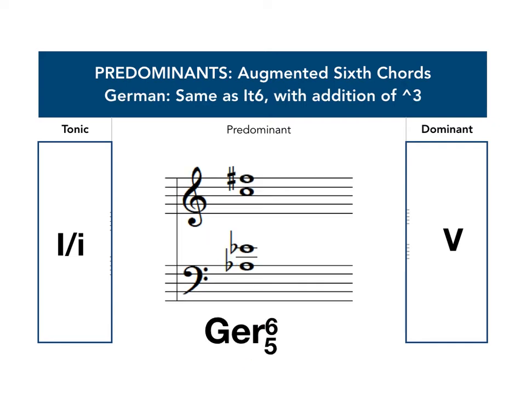And finally with the German augmented 6 chord, we label it GER 6 for the augmented 6th, and 5 for the interval, distinguishing it most from the Italian 6.